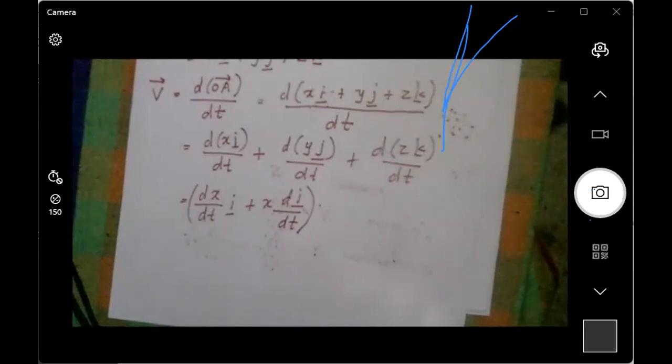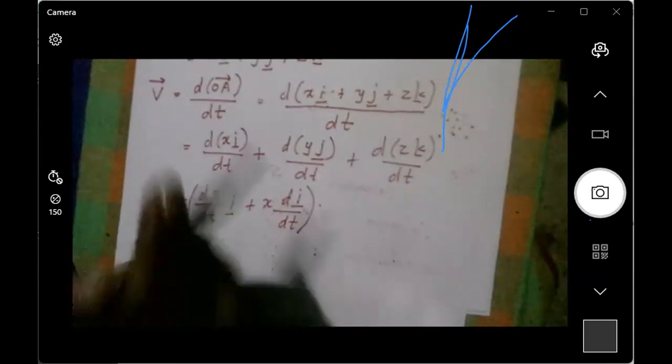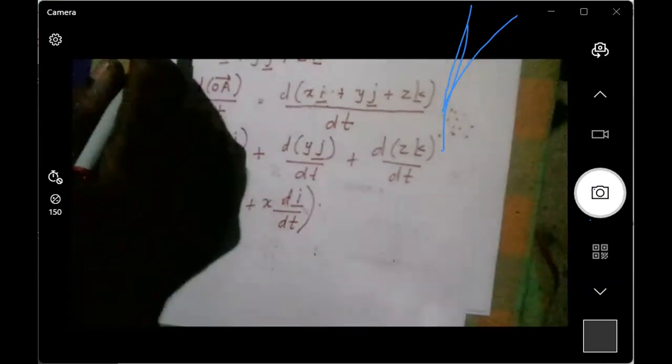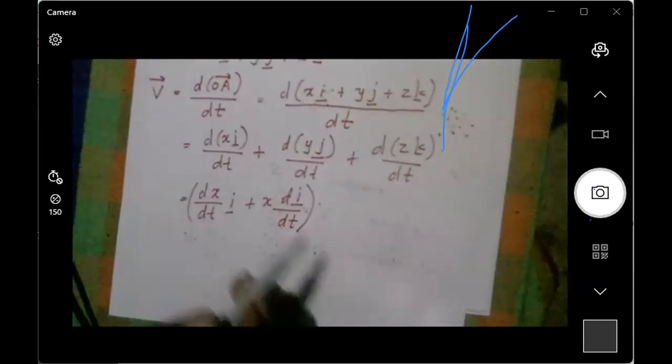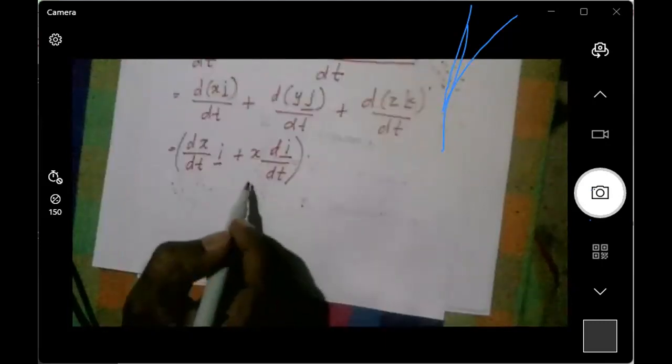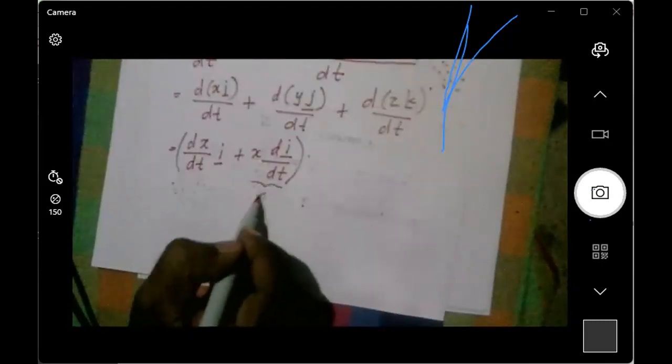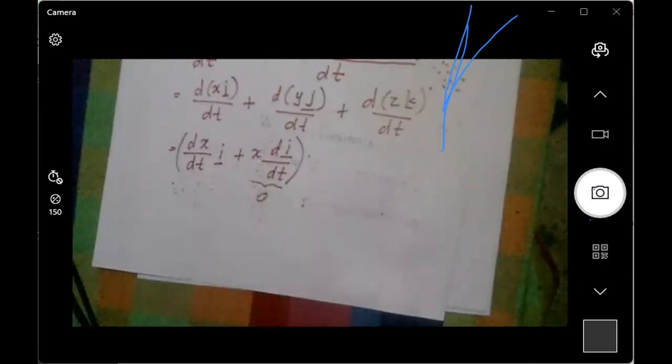But if you go for Cartesian coordinates with unit vectors i, j, k, the special thing is that these unit vectors are fixed with the Cartesian directions. So because of that, this becomes 0. And you will see in the next part that this is not going to happen under polar coordinates.